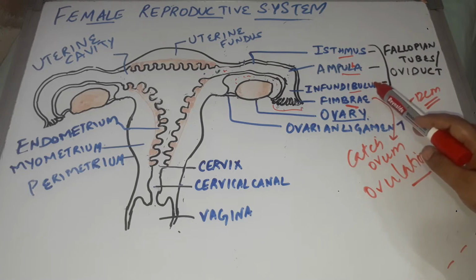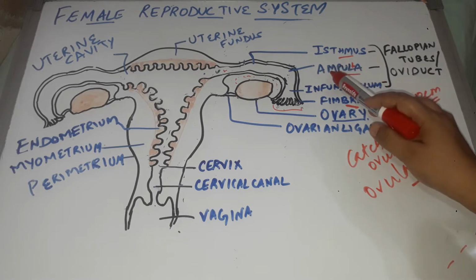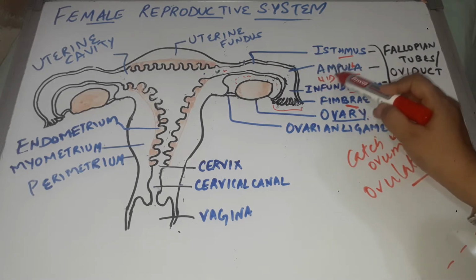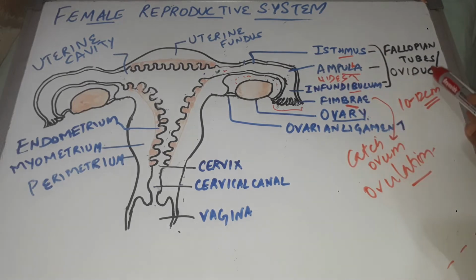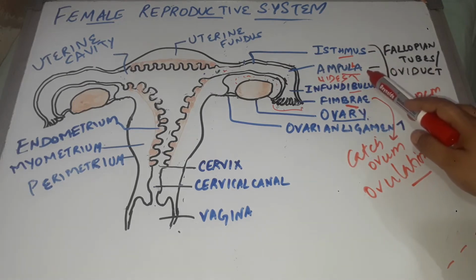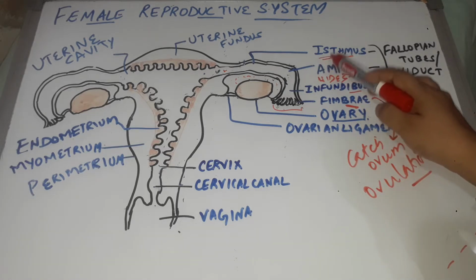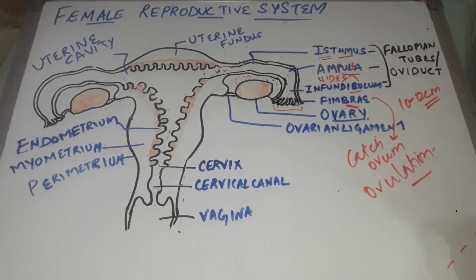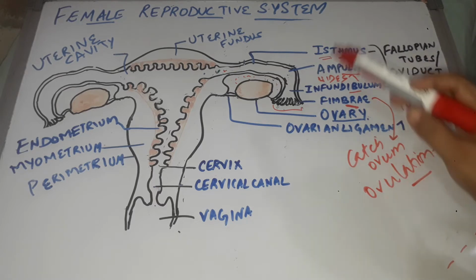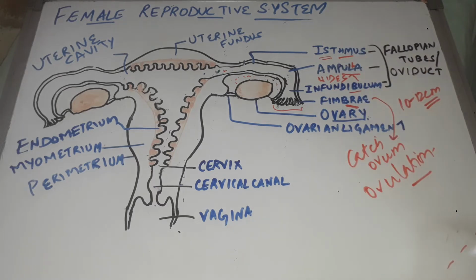From here, the ovum will be passed on to the next part, which is the widest and the longest part of the fallopian tube, that is the ampulla. After the ampulla, another part begins, which is comparatively a bit narrow, and this is called the isthmus. So what is the function of the fallopian tubes?